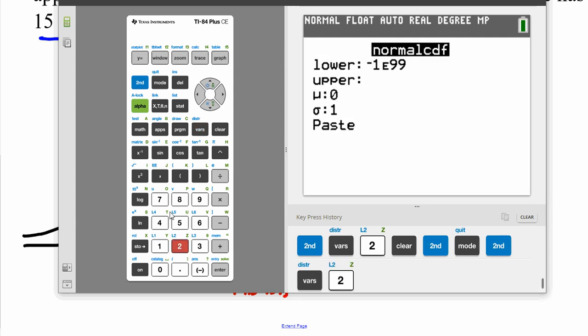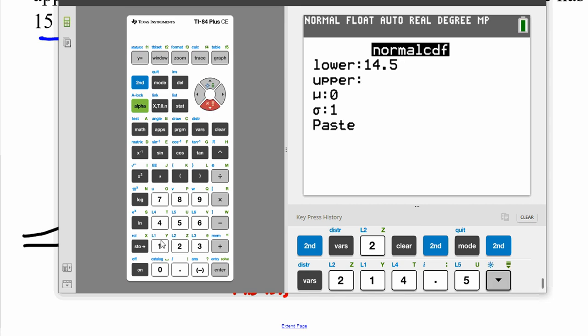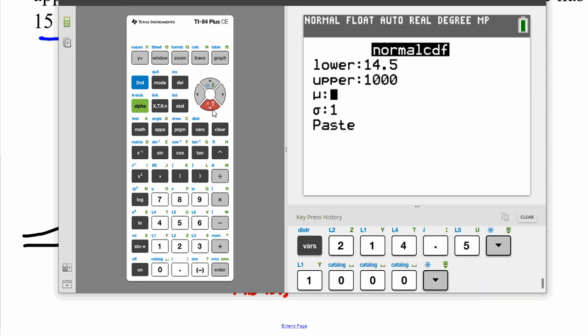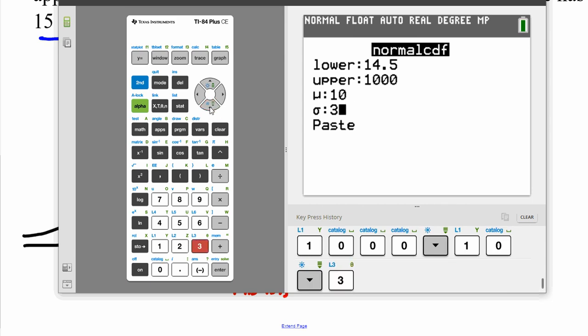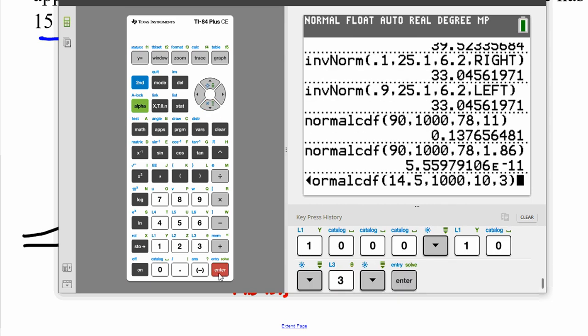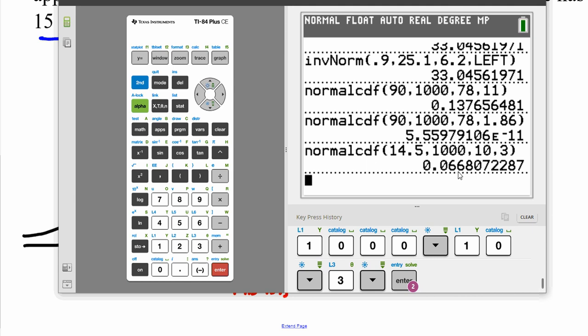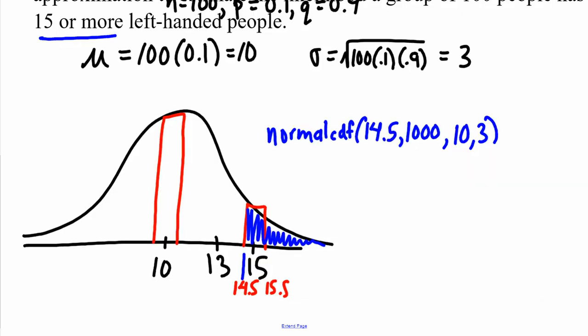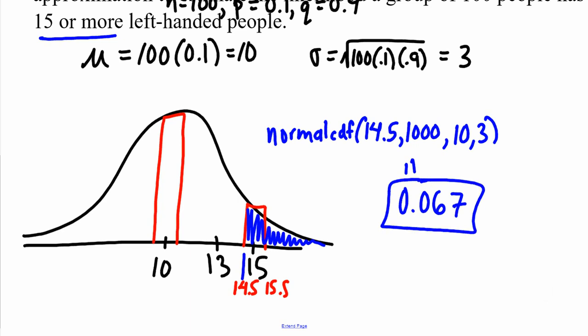Normal CDF, lowest we said is 14.5 because of that continuity correction. Upper, pick a big number. Average is 10, standard deviation is 3. What's the likelihood we get 15 or more left-handed people? About 6.6, about 7%. So 0.067 if you rounded.